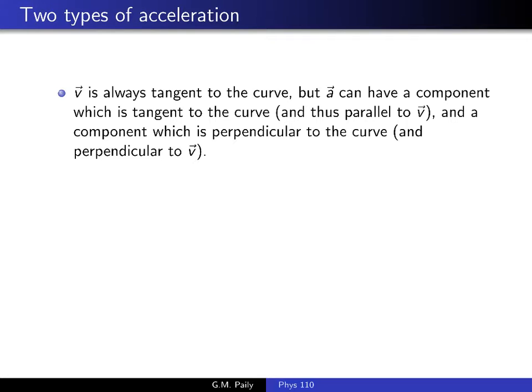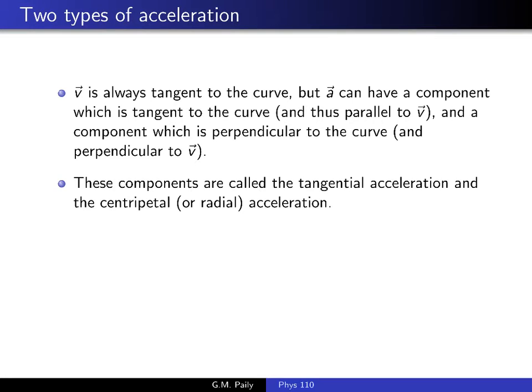So, even though v is always tangent to the curve, a does not have to be tangent to the curve. The component of a which is tangent to the curve is called the tangential acceleration, and the component which is perpendicular to the tangent is called the centripetal or radial acceleration.